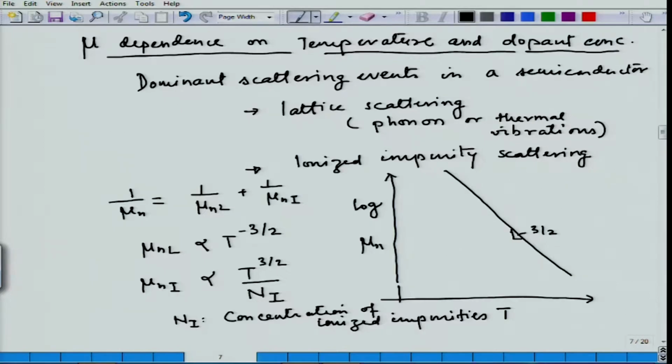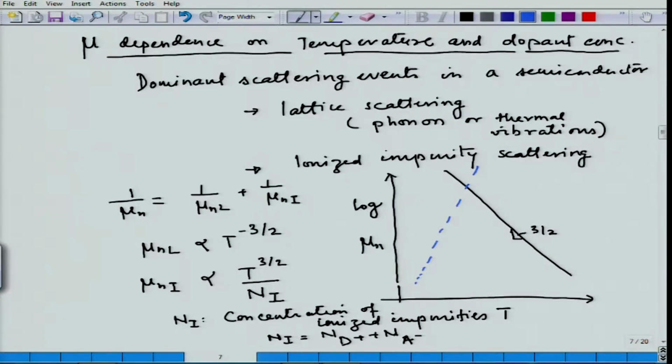Since in general in semiconductors it will be the acceptors and donors which dominate the type of impurities, one can say that Ni is the donors which are ionized plus the acceptors which are ionized. So, this is the ionized concentration, and this dependence, if we plot it, turns out to be something like this.